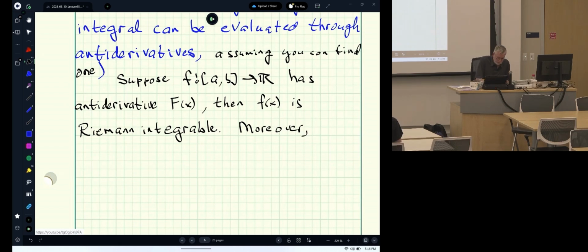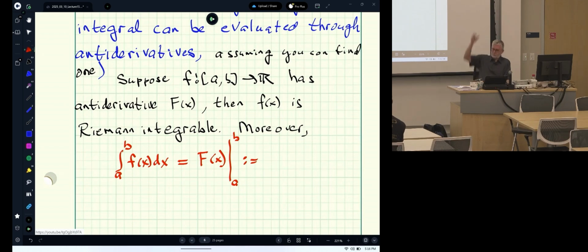Moreover, the integral from a to b of little f of x dx is equal to F of x evaluated from a to b.